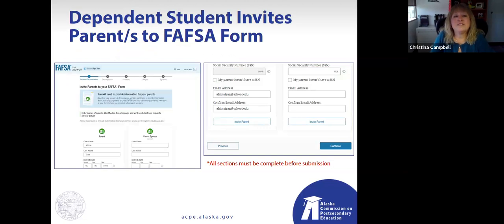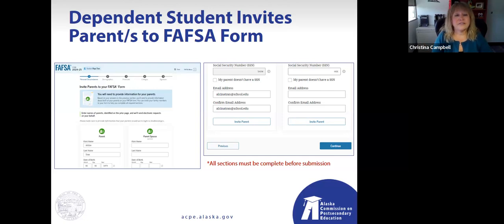Okay, so then what happens if the student is dependent, which will be 90% of the cases with this new FAFSA, is that students will be inviting their parents to fill out the form. This happens in real time. So if a parent and a student both already have their accounts, whether they did that now or weeks ago, and now they're coming to one sitting to fill out the FAFSA, they could realistically fill it out right then and there, because if they're together, the student invites the parent and it goes to them immediately in real time.